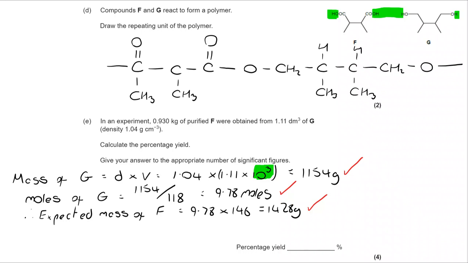Now, on a 1-to-1 ratio, we would expect 9.78 moles of F. And if we know the moles we would expect, and we know its Mr, which we can calculate as 146, we know that we would theoretically expect a mass of 1,428. But we didn't get 1,428. We got 930. So the final part of this is very simply, what is the percentage of 930 out of 1,428, and it gives us a percentage yield of 65.1%.